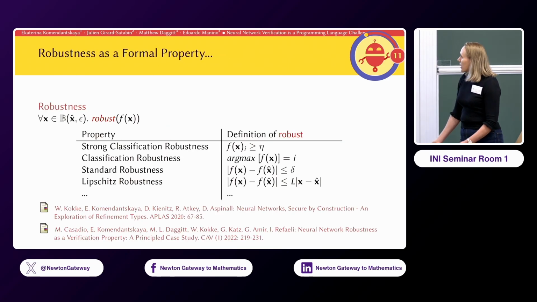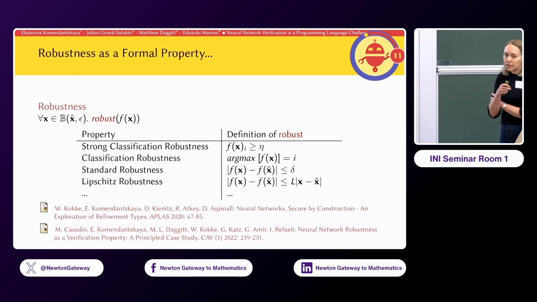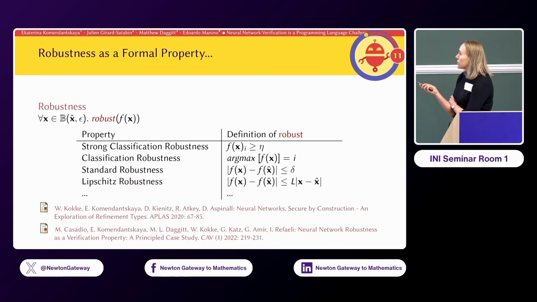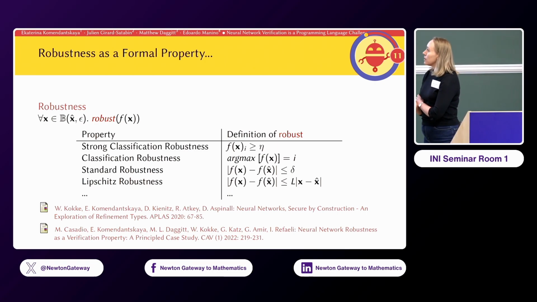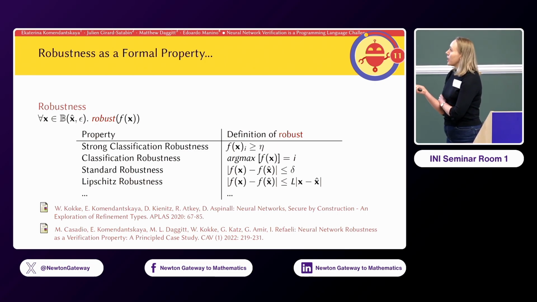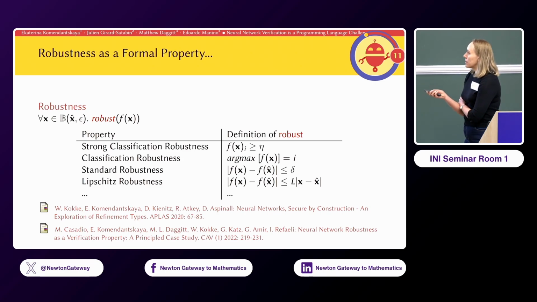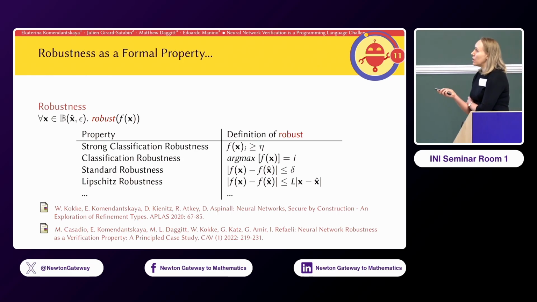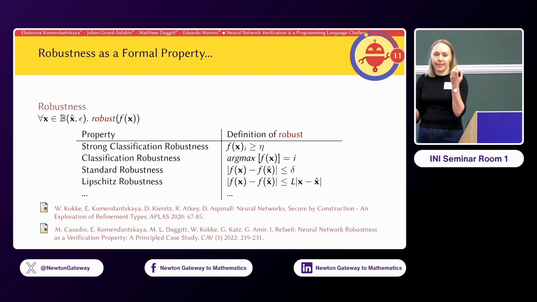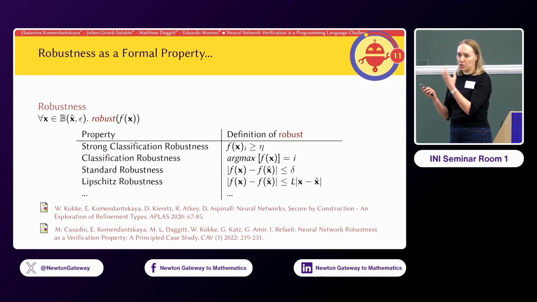When we had a look at that, we noticed that there are quite a few notions of what robust even means. For any x in your epsilon ball, you want the output of the neural network to be robust, and there are quite a few definitions of what robustness meant. And by the way, for those who like types, robustness as a property is also a refinement type, because you are defining the type of inputs, which are real vectors, and the types of outputs, which are also real vectors.